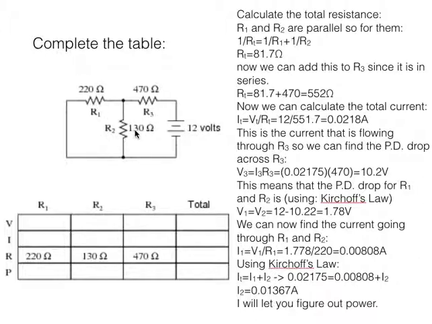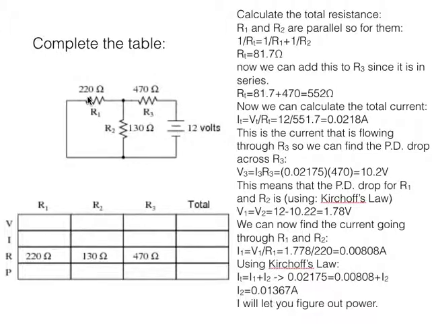I know the resistance, therefore I can figure out the current going through here, which is a very measly 0.00808 amps. The potential drop here must be the same as the potential drop here. Look at this loop: it gained 12 volts, lost 10.2 here. It must lose, again, 1.78 to get back here.